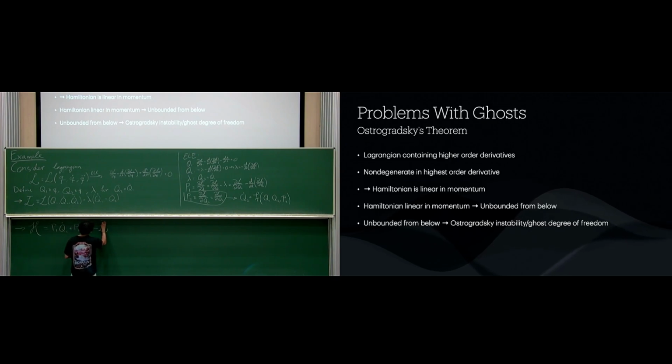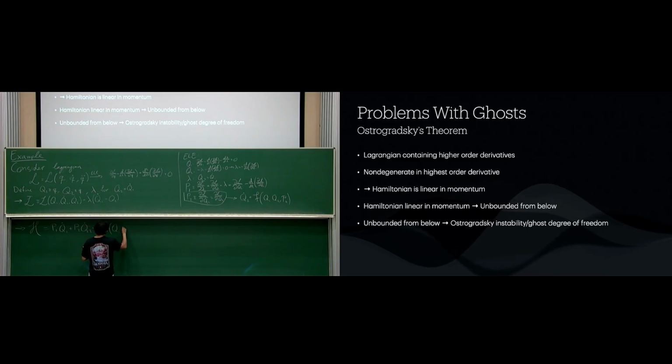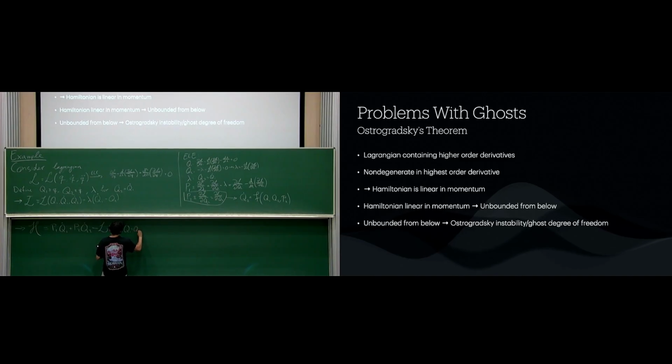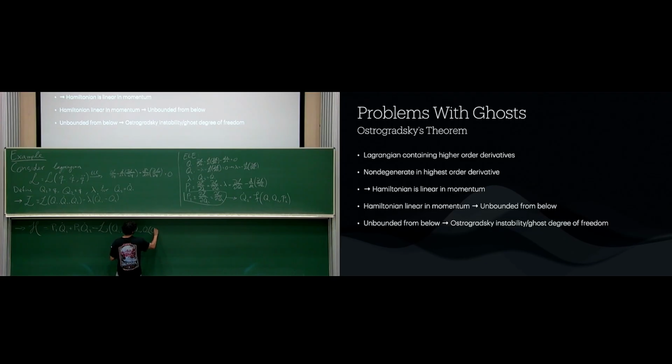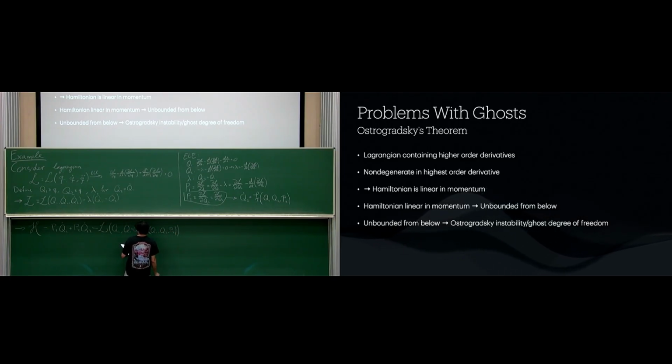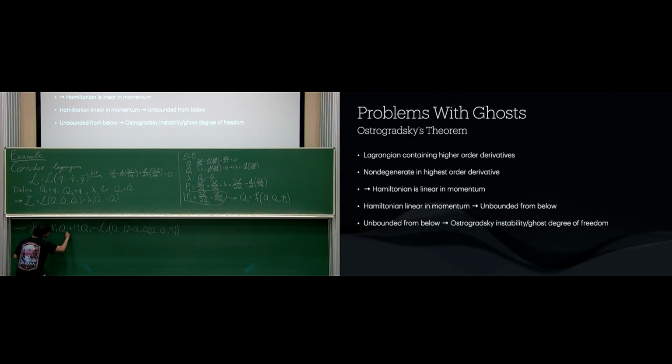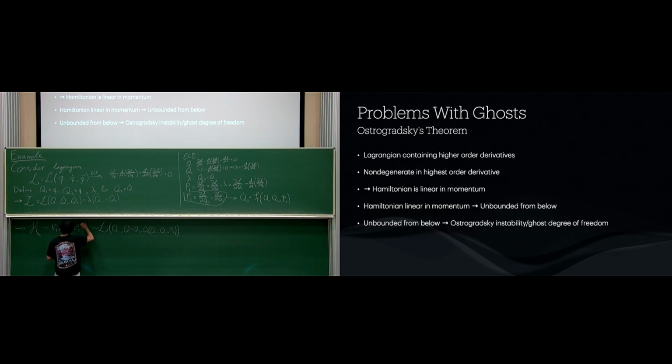But if we work on shell, then Q1 dot equals Q2, and Q2 dot is a function of Q1, Q2, P2. Immediately we see that if we impose the constraint, this is just Q2. And this is our function f, which depends on the canonical coordinates that we have up there.